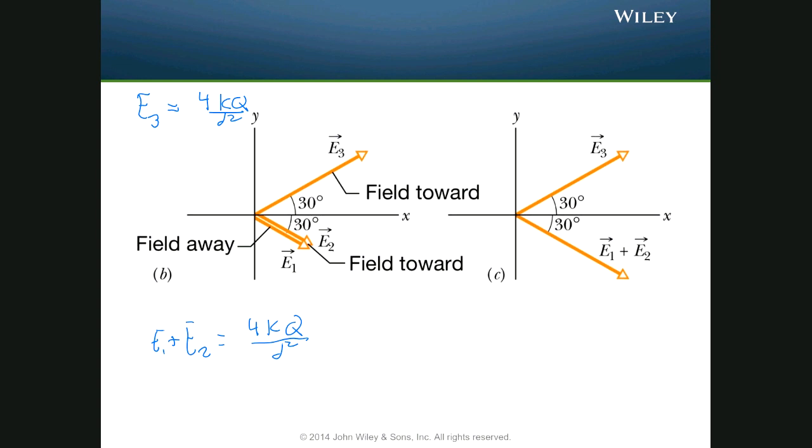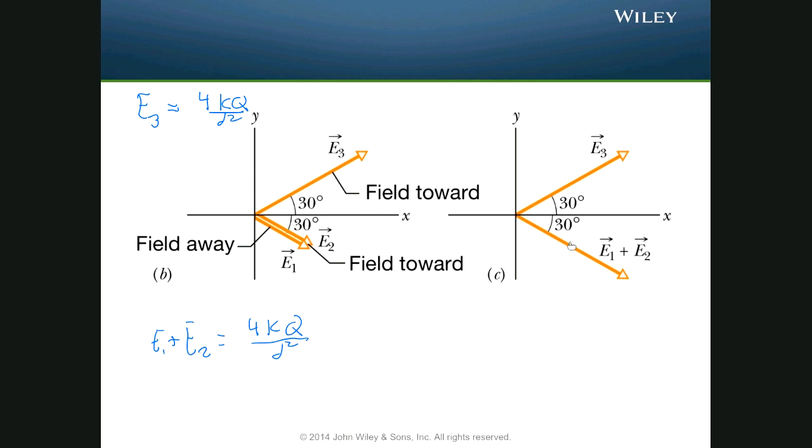The reason we were able to, and this is crucially important, the reason we were able to add directly in a very easy way is notice here, E1 and E2 separately. They're the same length and they point the exact same direction. Okay? Very different from E3. E3 and E1 plus E2 do not point in the same direction. Right? Now, if you want to argue from symmetry here, you can and we will.